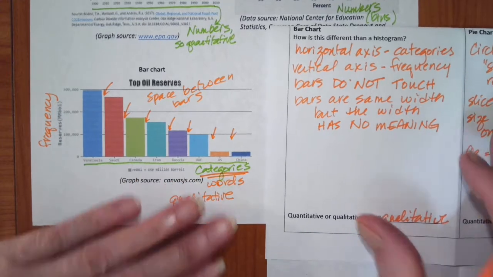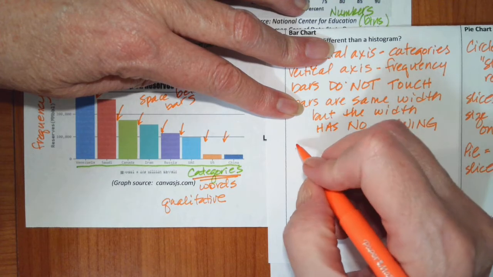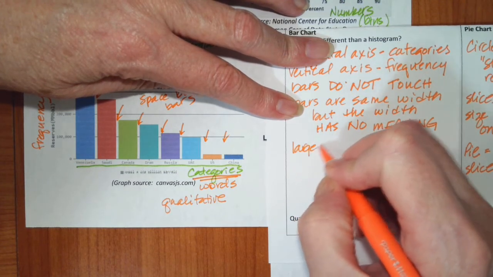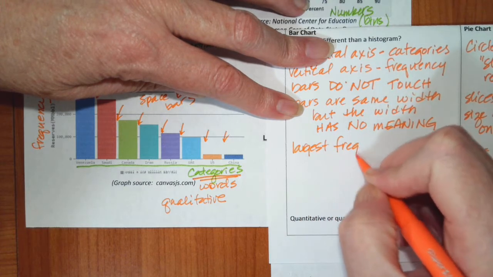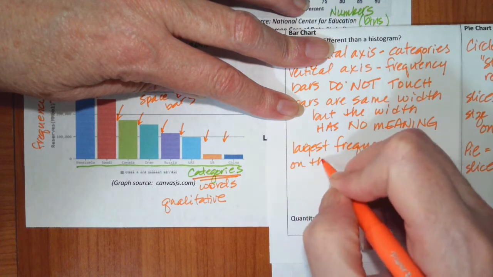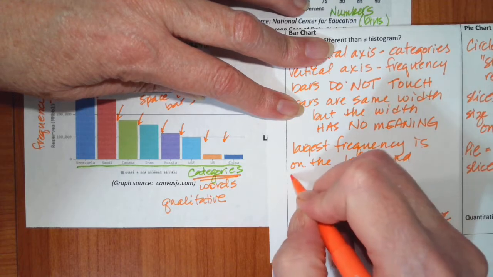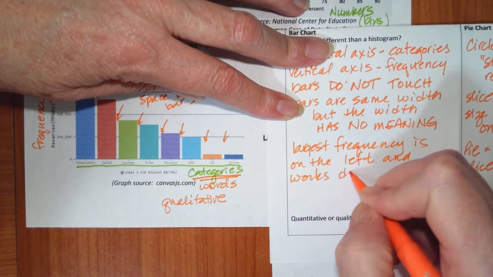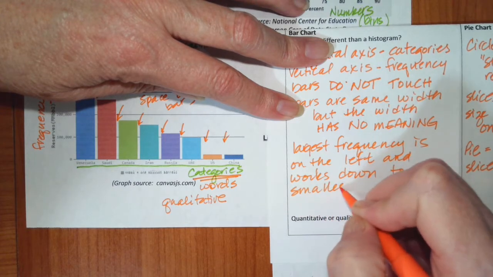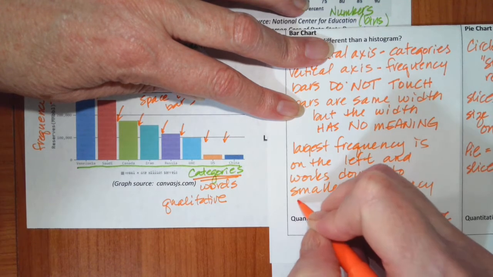And the other thing on here is that, since they're categories, you always start with the largest frequency on the left, and it works down to the smallest frequency on the right.